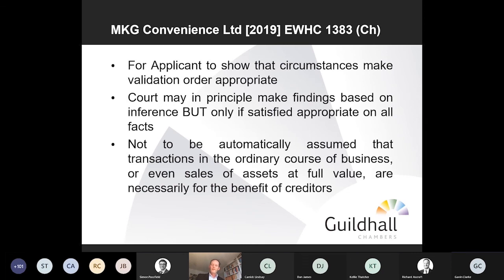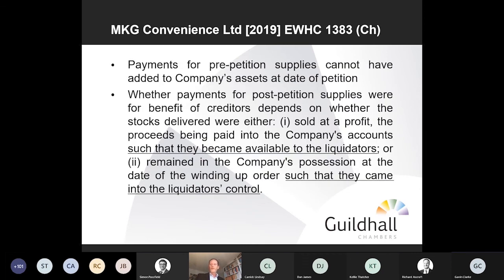So in this case, what was examined was whether particular payments, not only were they made in the ordinary course of business, but when the payments were received, were they sold at a profit, with the profit from those sales, so day-to-day transactions of a general convenience store.